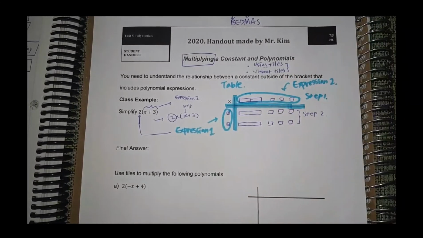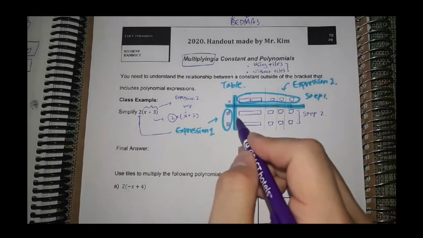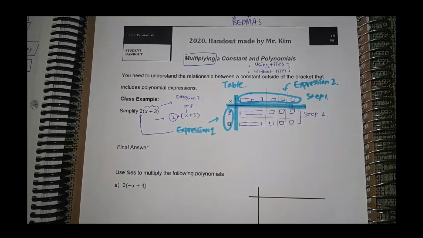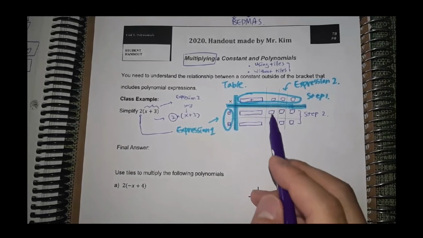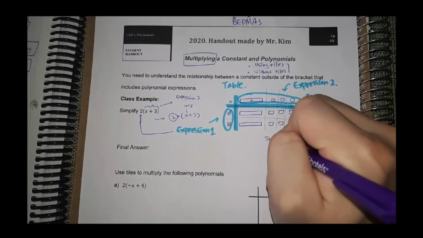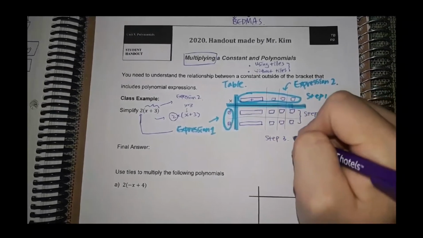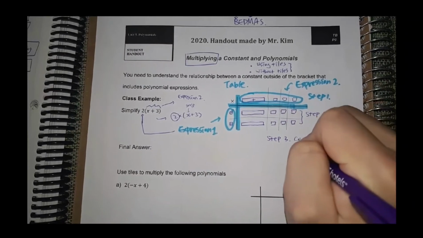The reason that I'm saying table is because you can consider that as a little bit of a table. You guys remember the table, right? So I can see what's inside of this row and column. That's my step number 2. Step number 3 is the combine and simplification step.